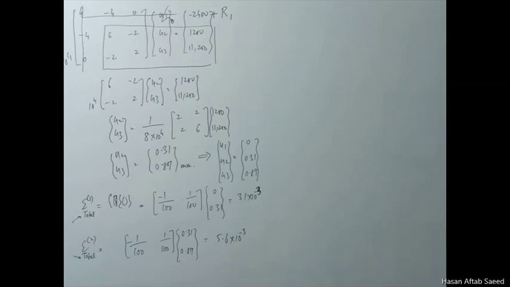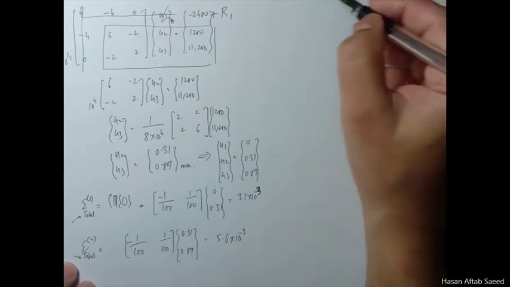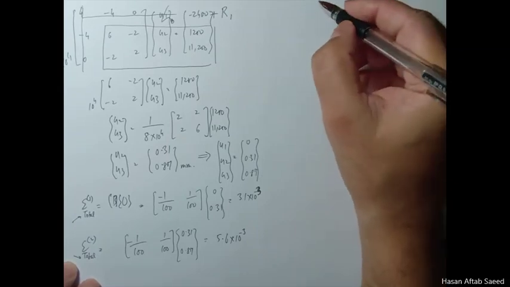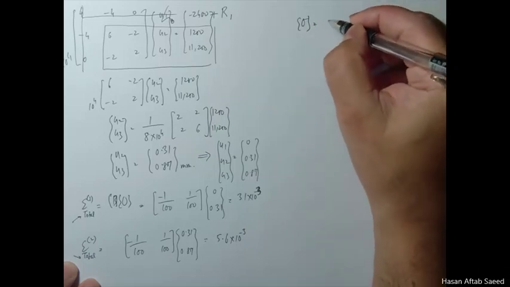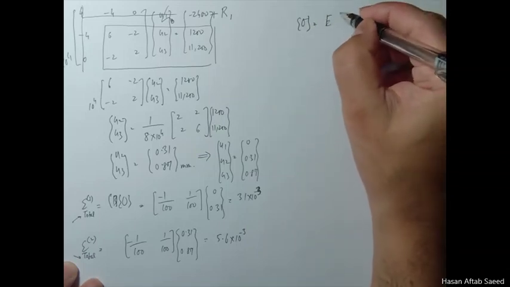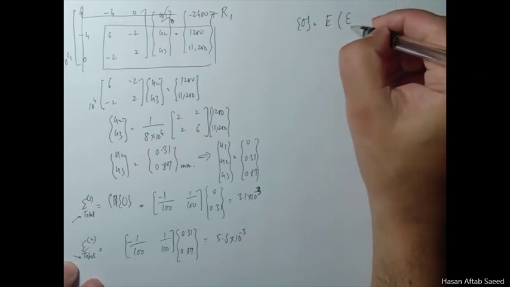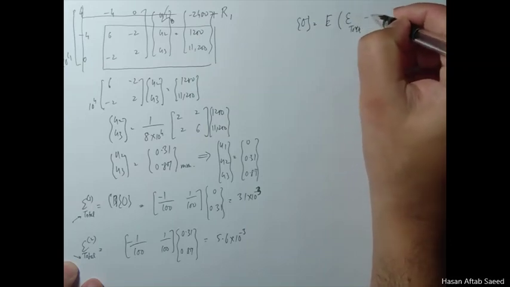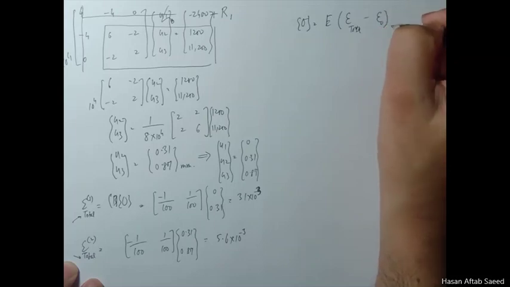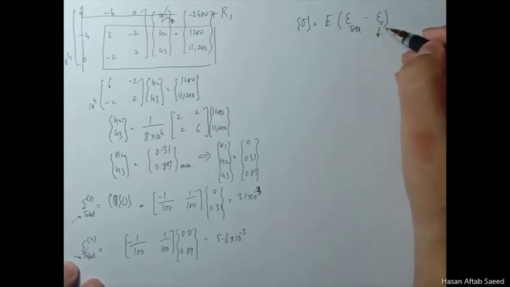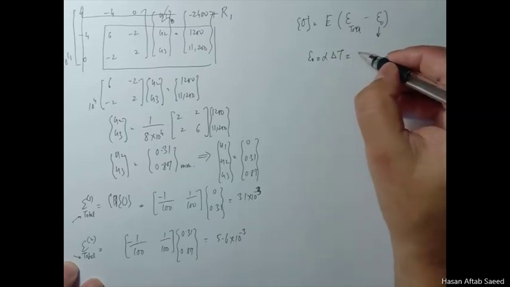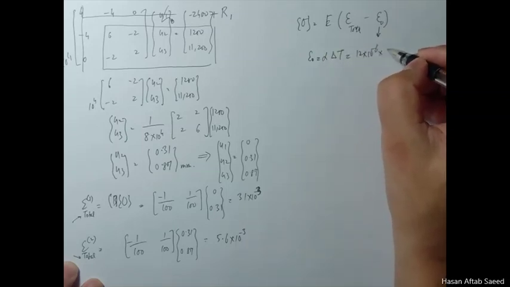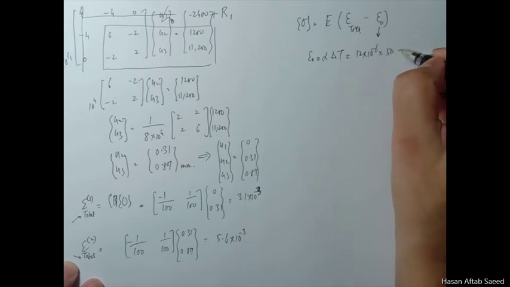So here we again recall that for D, sigma in our case will be E times epsilon total minus epsilon thermal. Now what about this? This was alpha delta T, which is 12 into 10 raised to the power minus 6 into 50. This will be the same for both.